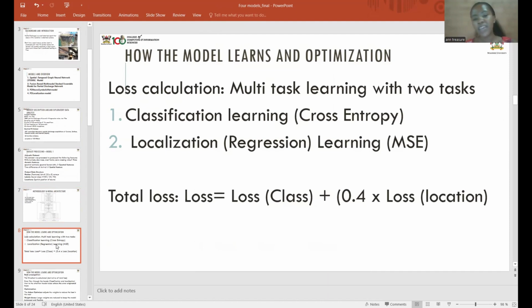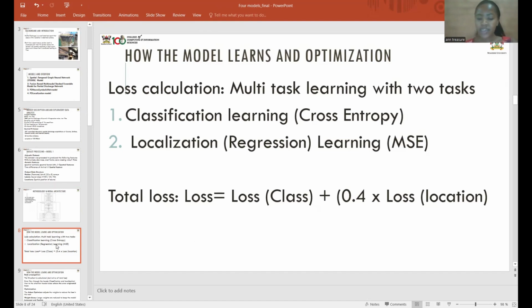So how does the model learn? The model learns in 2 ways the loss is calculated. This is calculated via the classification learning, that's cross entropy, whereby in case there is a wrong prediction, a higher punishment is given, and the loss is really high. And then for localization, we use regression, whereby we use mean squared error.